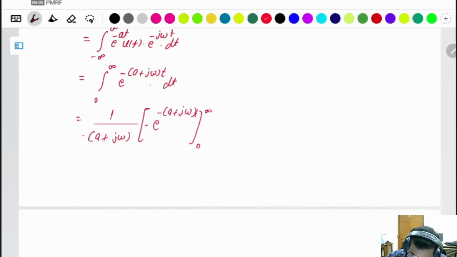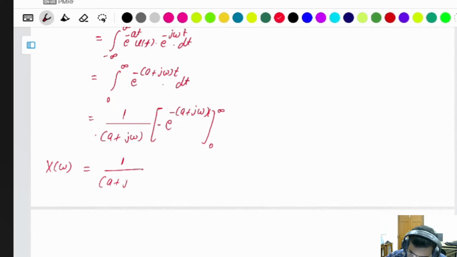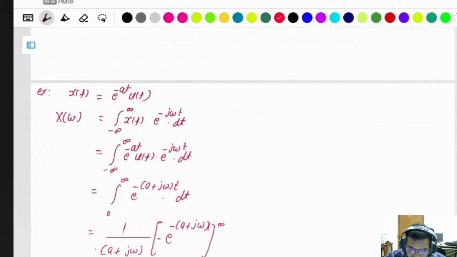You put infinity here, then this will be 0, e to the power minus infinity is 0, then e to the power 0 will be 1, negative negative will be positive.